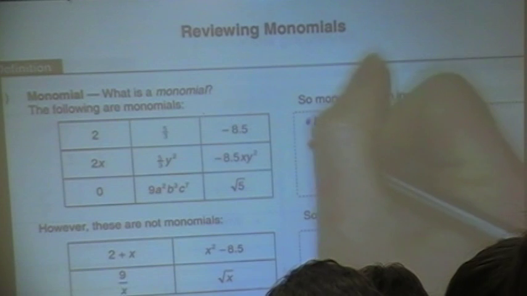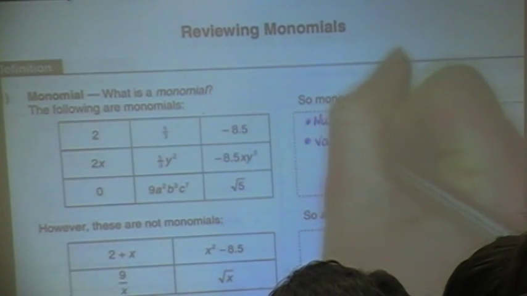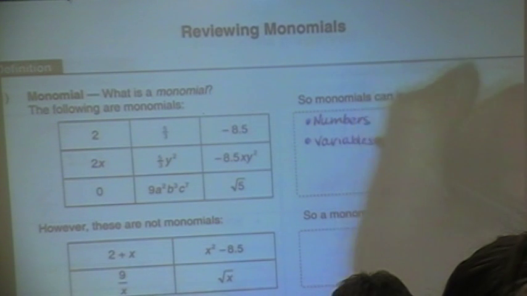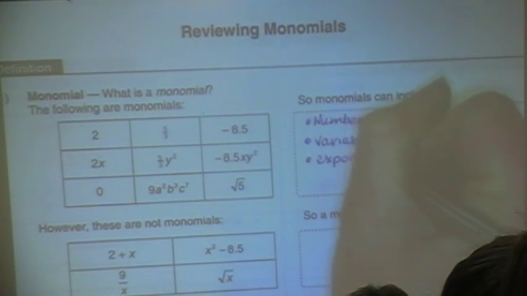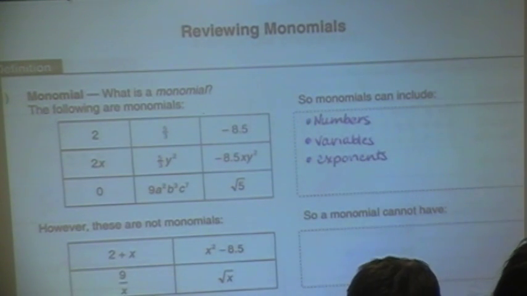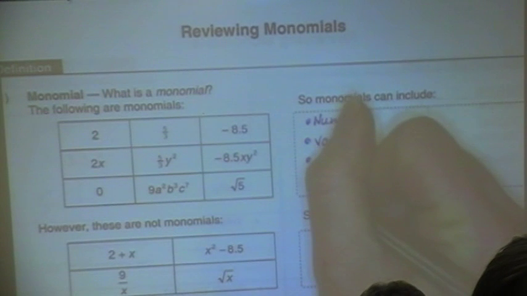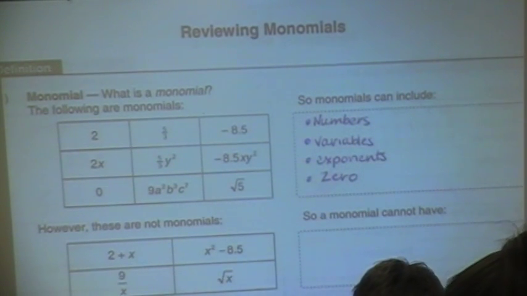They also can include variables, exponents, zero, that's good, zero's a monomial. Square root. Yes.